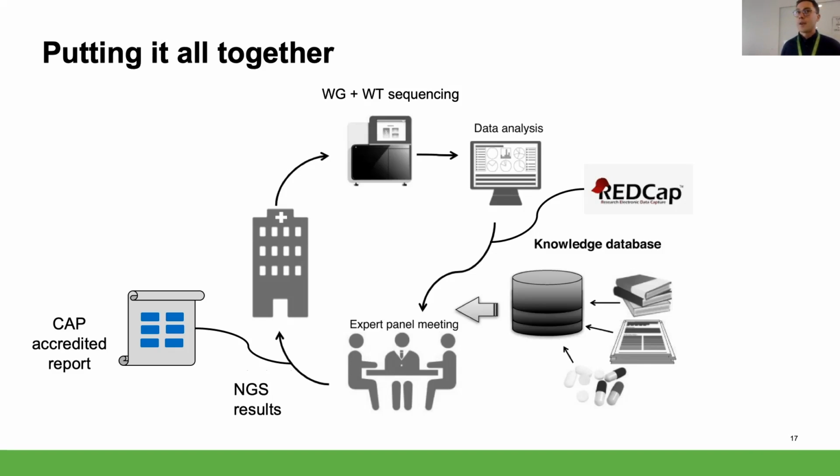And then with a knowledge base, which I'll speak to momentarily, as well as clinical information required for proper interpretation, fed in from a REDCap instance, our group, as well as some other clinical molecular geneticists, would get together to create a report, which can be signed out by Dr. Pugh and passed on to the physician to ultimately, hopefully, best inform patient care.